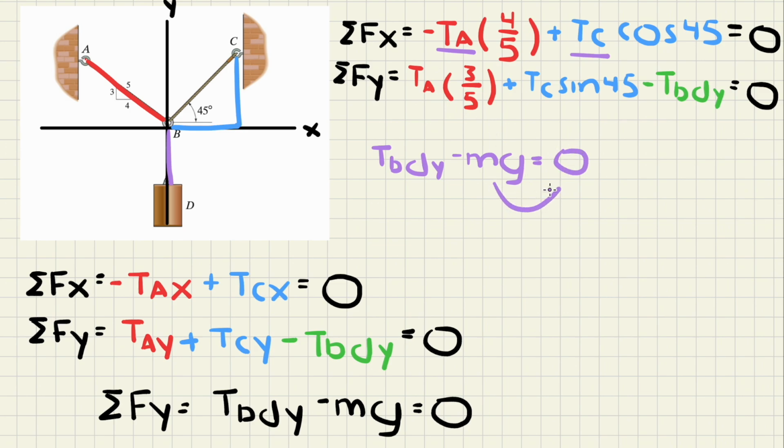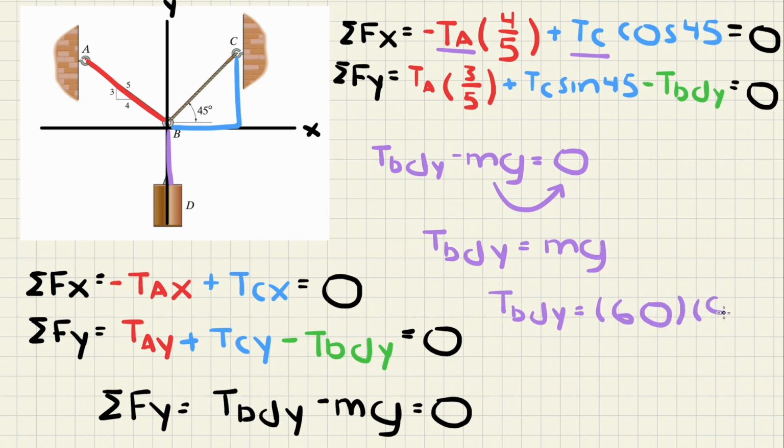So let's bring this mg to the other side. We know that the mass in this case is 60 kilograms, and gravity is 9.81. So that gives us that TB dy is equal to 588.6 newtons.